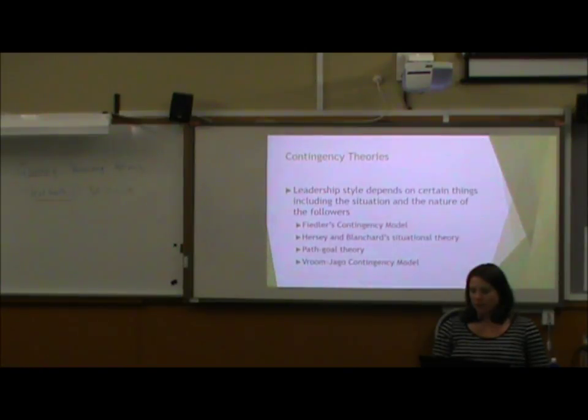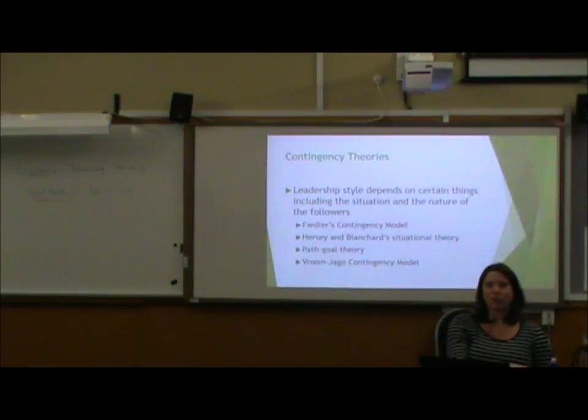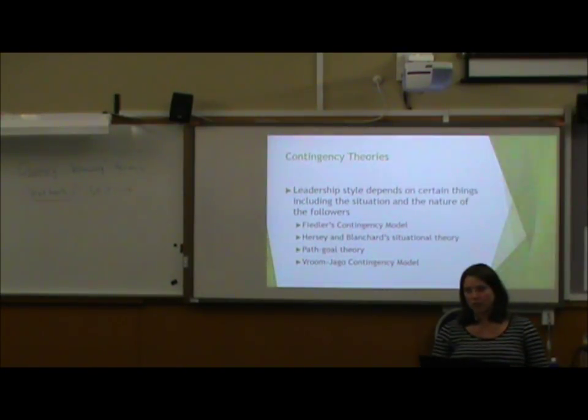Each situation required a different sort of goal setting approach, and then establishing how they were going to achieve that. So definitely also more of a motivational theory as well.